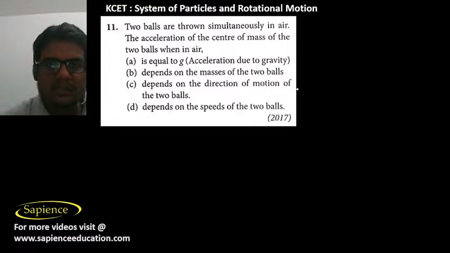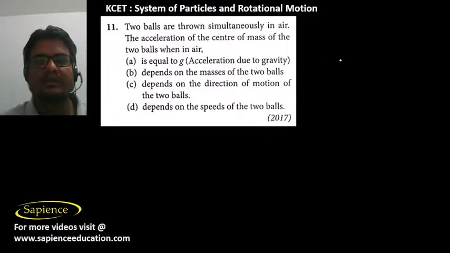Then here it is told that two balls are thrown simultaneously in air. The acceleration of the center of mass of the two balls when in air.